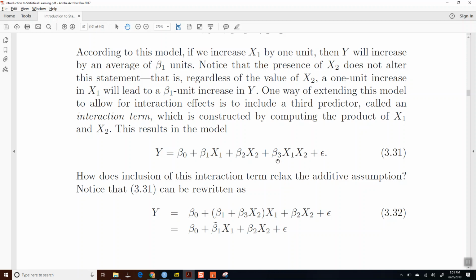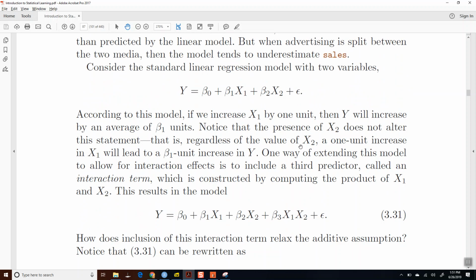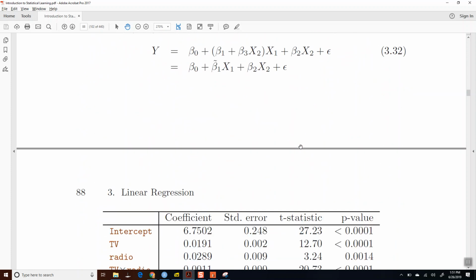That might be different from the purely additive assumption where x1 increases by this much and x2 increases this much. Maybe if both are increasing together, they have an even greater effect, or maybe they counteract each other and end up eliminating each other. That happens with interaction effects.